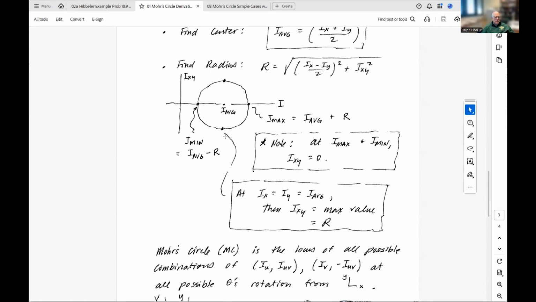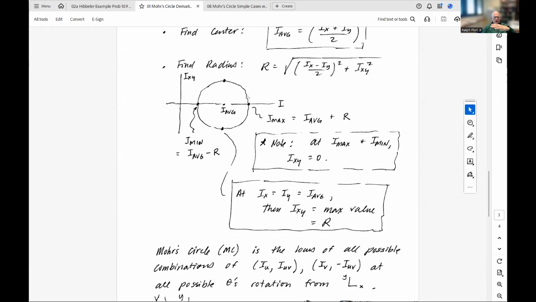So again, keep in mind, this is a Cartesian coordinate system where the horizontal coordinate is area moment of inertia, and the vertical coordinate is product of inertia, or IXY. So as we rotate our axis systems, we get various combinations. Each orientation will have its own IU, its own IV, and its own IXY, or IUV.